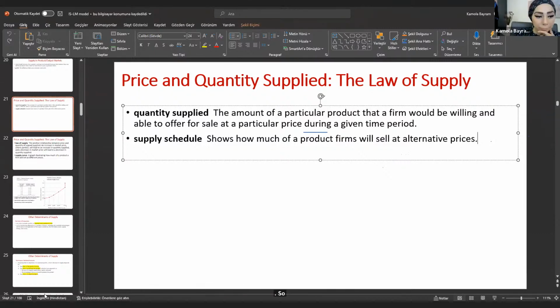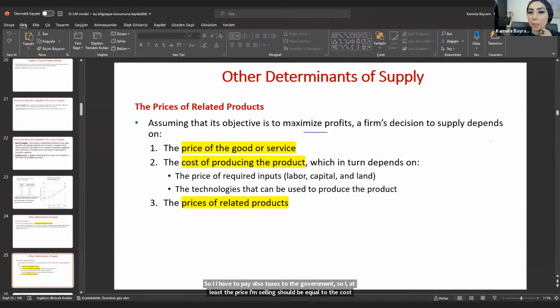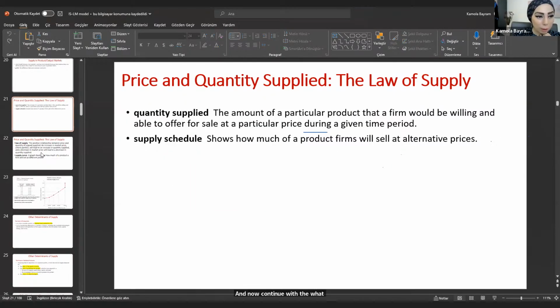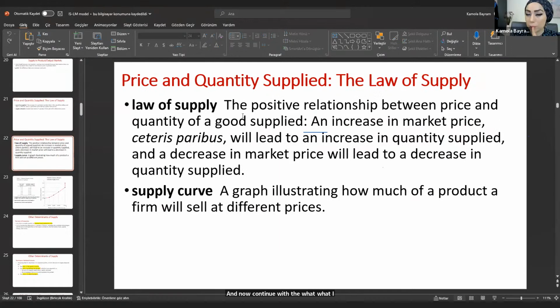Correct. And now continuing to the law of supply. The law of supply says that there is a positive relationship between price and quantity of goods supplied, which is logical, right? Because you are going to sell more if the price is higher.